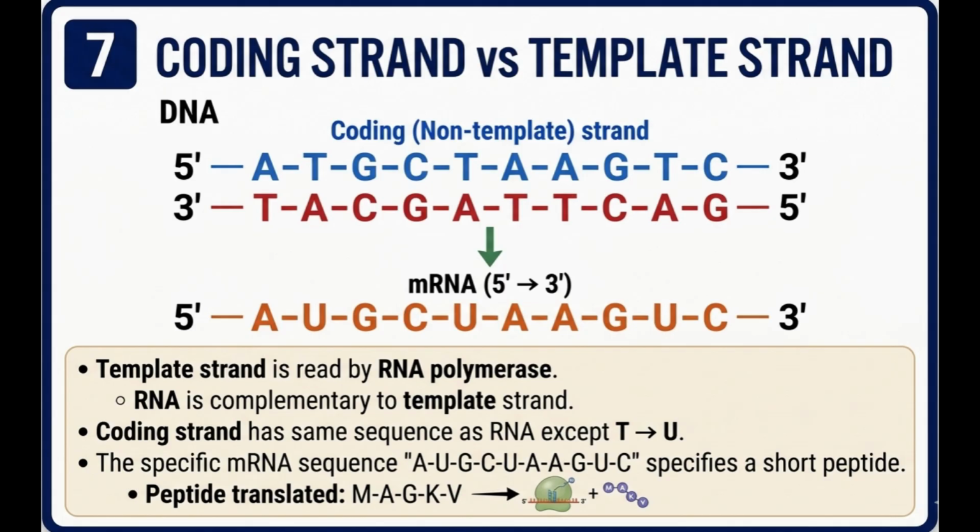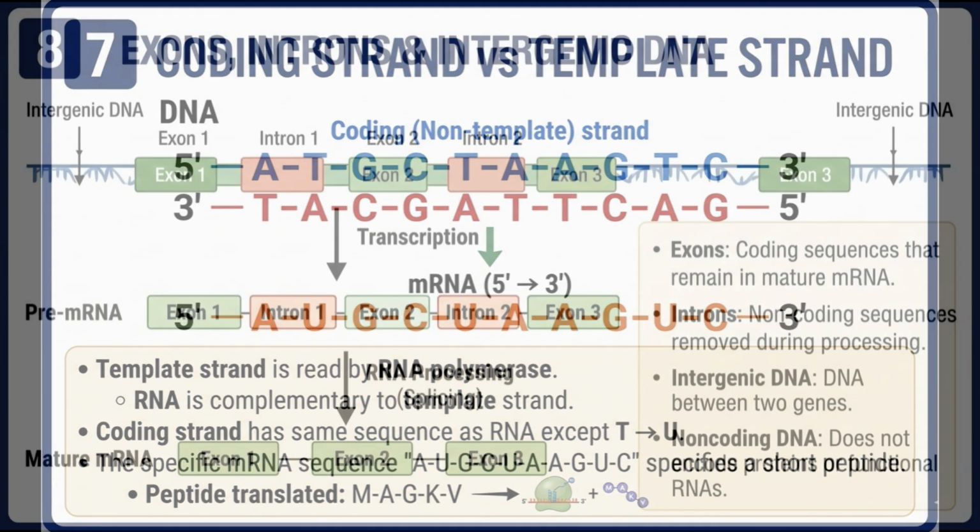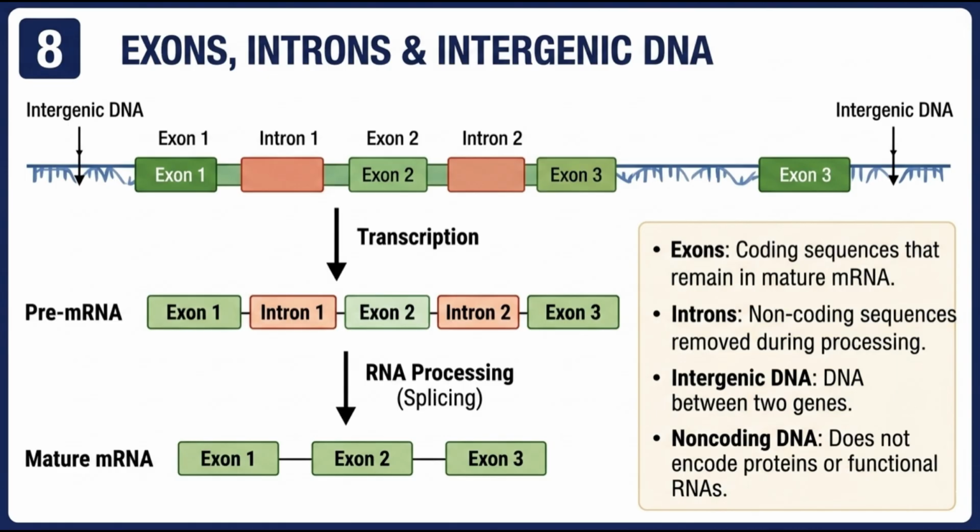The second DNA strand is called the coding strand or non-template strand. Its sequence is identical to RNA except that thymine in DNA is replaced by uracil in RNA. For example, if the coding strand contains ATGC, the RNA sequence will contain AUGC.